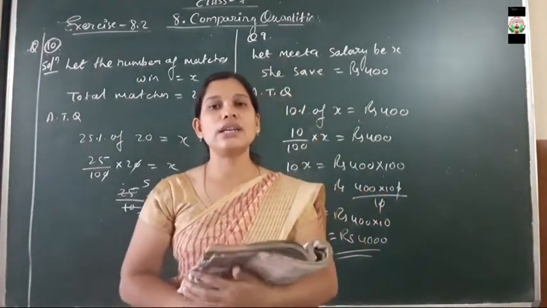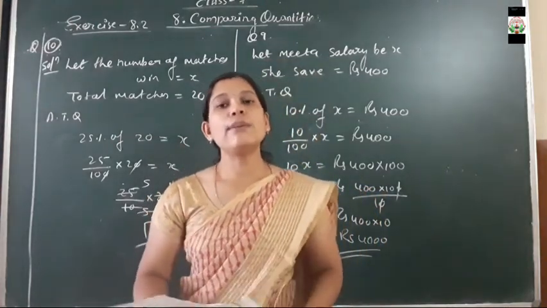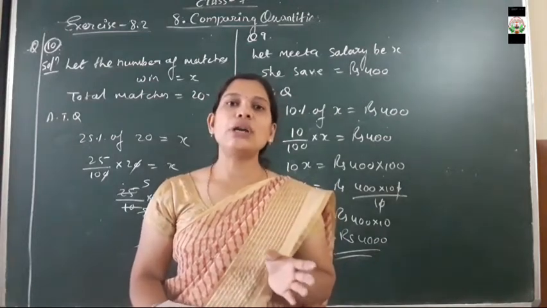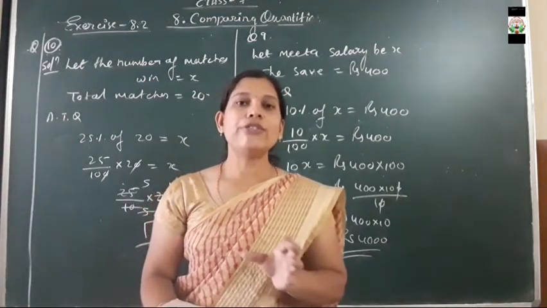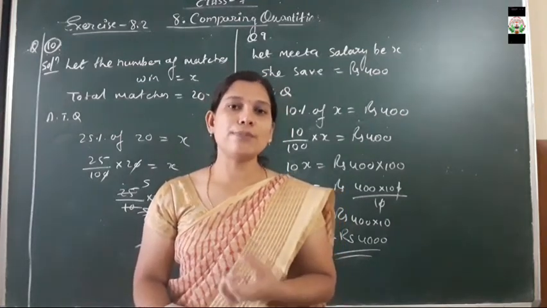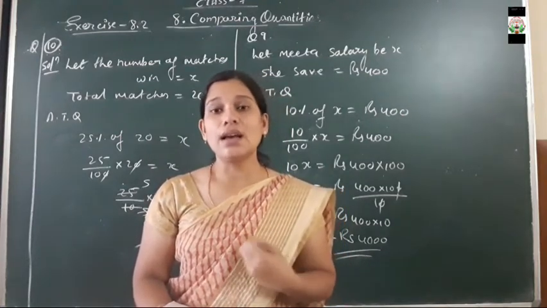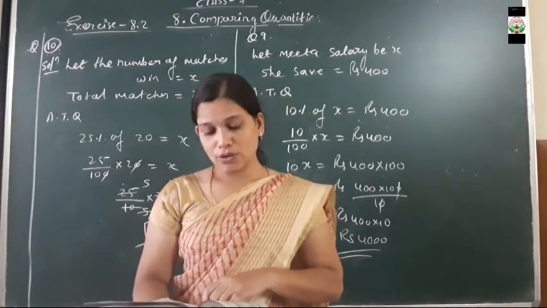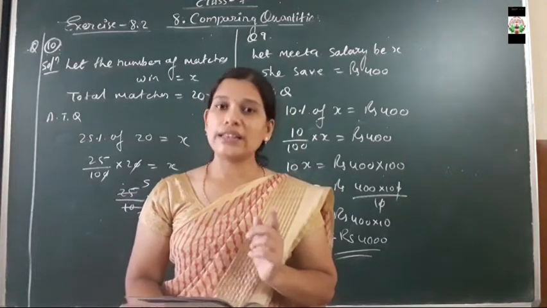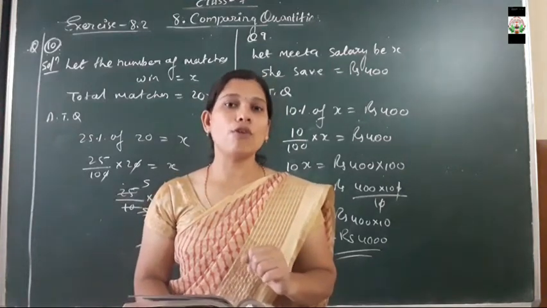Moving towards question number 10. Here it is said that the total number of matches is 20, and out of those 20 matches 25% are won. We have to find how many matches they won. 25% is given, and we have to find it in the form of numbers.